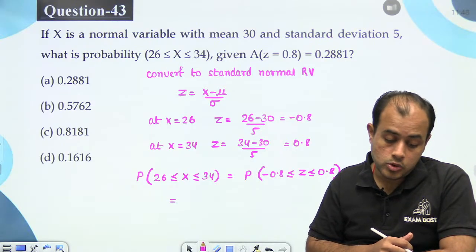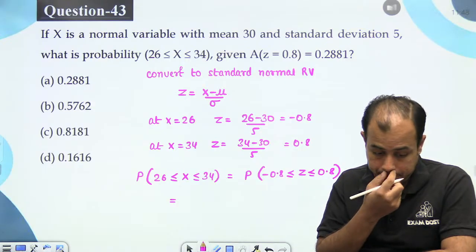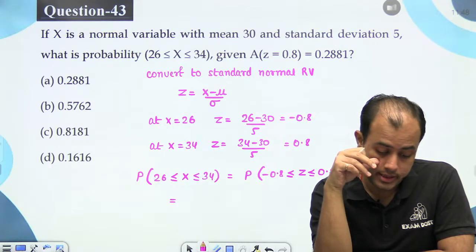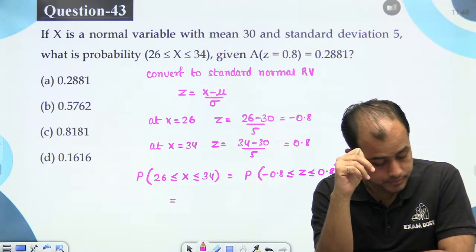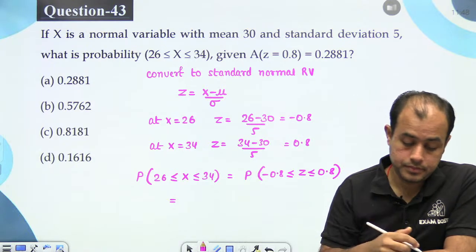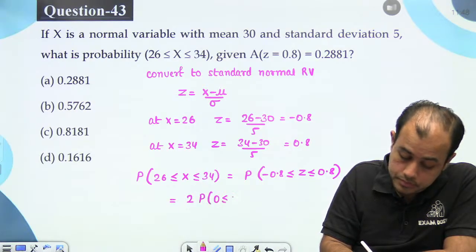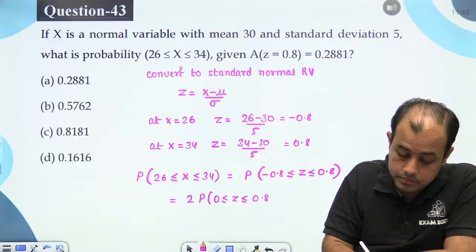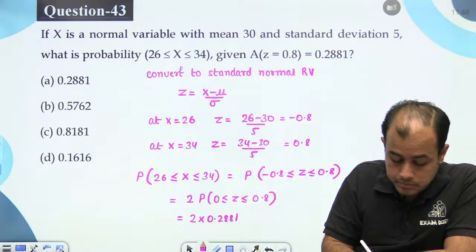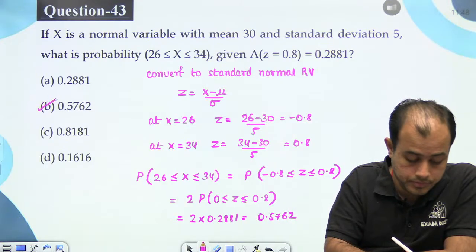Now Z equal to 0.8 is given as 0.2881. Z equal to 0.8 is given as 0.2881. So 0.5762, B.